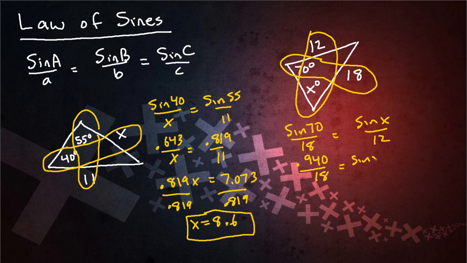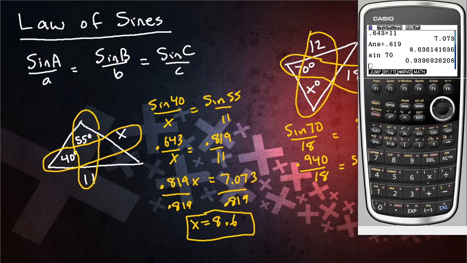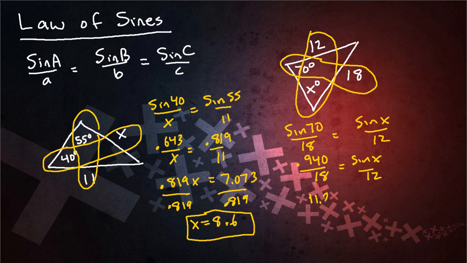Sine x over 12. And then I'll cross multiply. It was times 12, I think. Yep. So 11.276 equals 18 sine x.